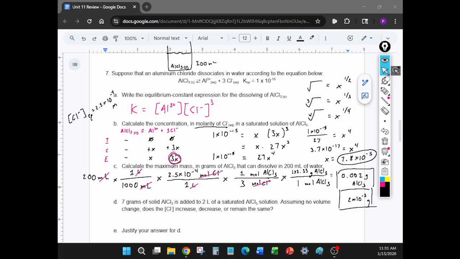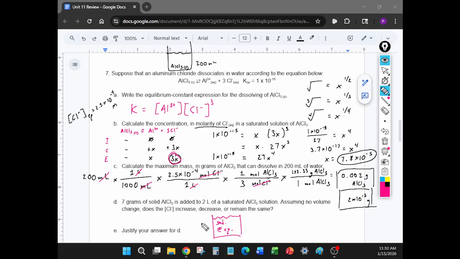So for D, it says 7 grams of solid AlCl3 is added to 2 liters of a saturated AlCl3 solution. So just to kind of paint the image of what's going on, you have a solution, and this is saturated. Okay, that means it's at equilibrium already. Okay, everybody good with that?